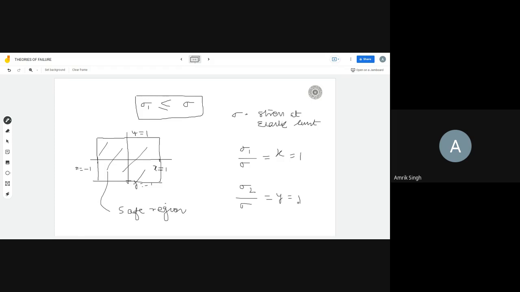So this is also known as the Rankine theory, as I told. It is mainly used for the brittle material.